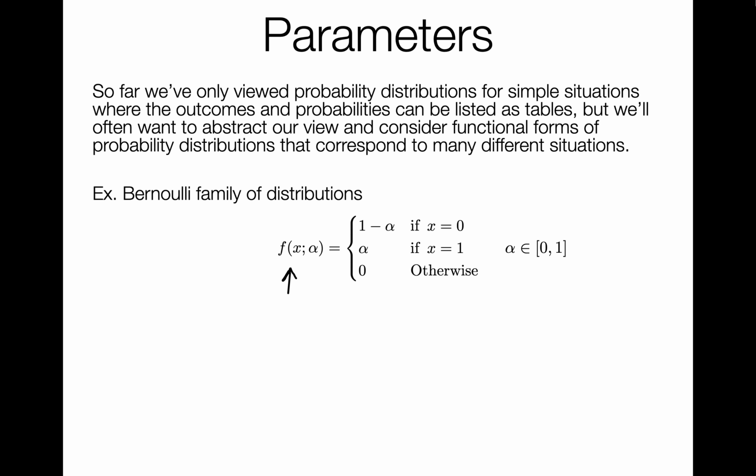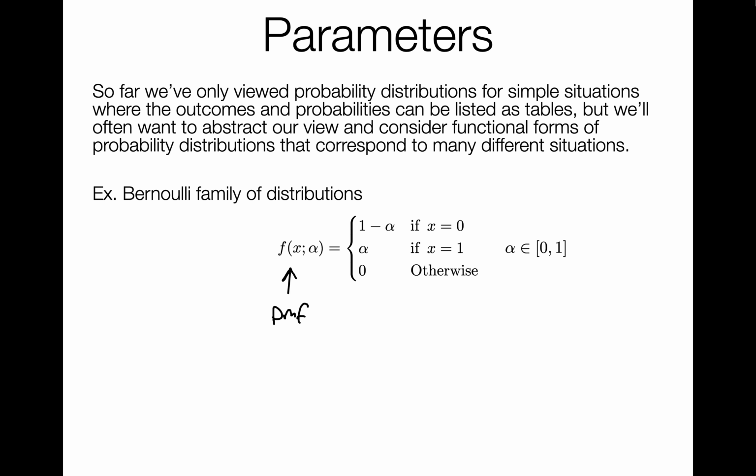The PMF says that the probability that x is 0 happens with frequency 1 minus alpha. Alpha is going to be a parameter, but I'll introduce that in just a second. So 1 minus alpha is the probability that x is 0, alpha is the probability that x is 1, and everything else is 0.